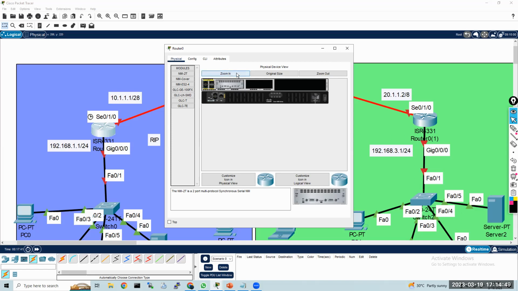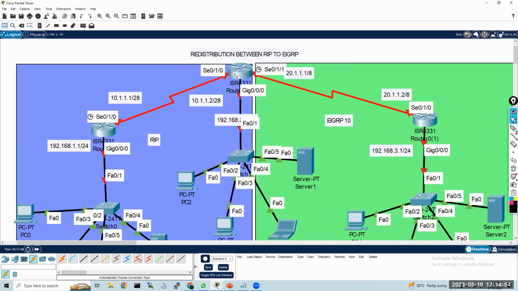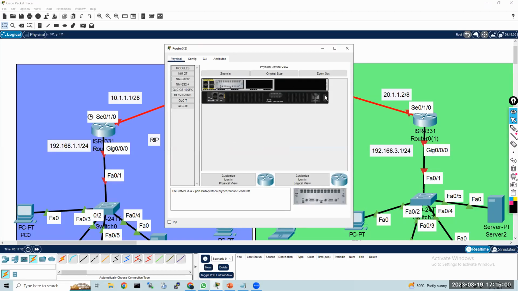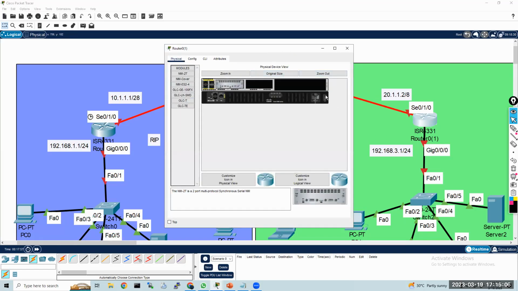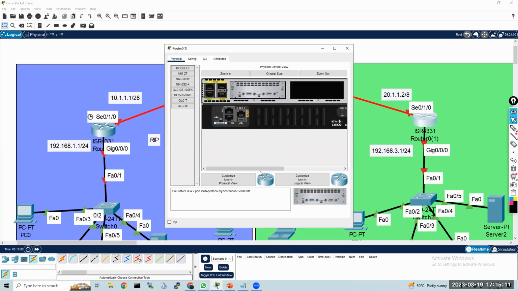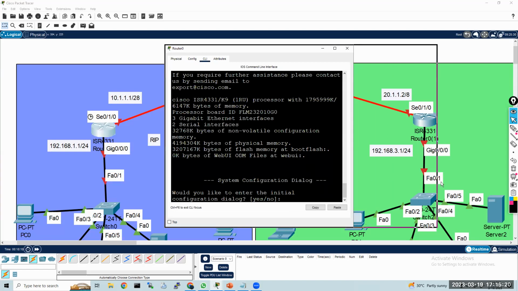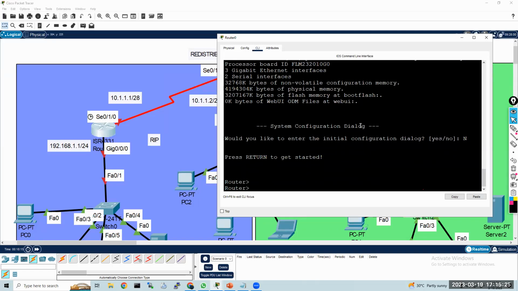Let me check. Yeah, now it is on. Let me check whether this is also on or not. It's loading. I'll turn it on and give it to you. Okay, so now we can go ahead. We can start configuring. Now, my computer is yours, Angie.